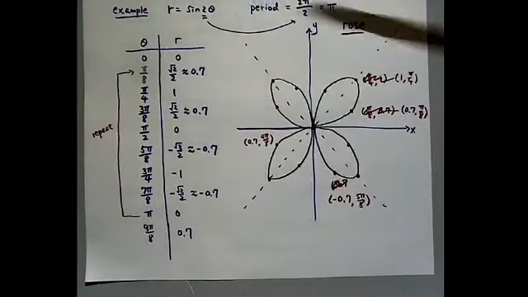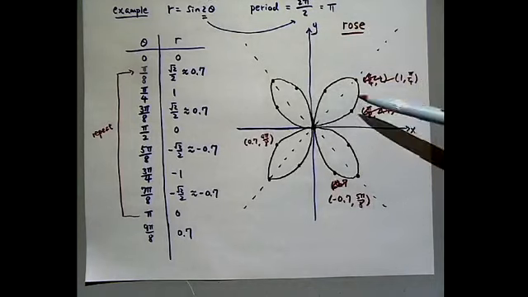And then sine of 2 theta is a rose with 4 petals. So here is the kind of observation we can make after sketching a few more.